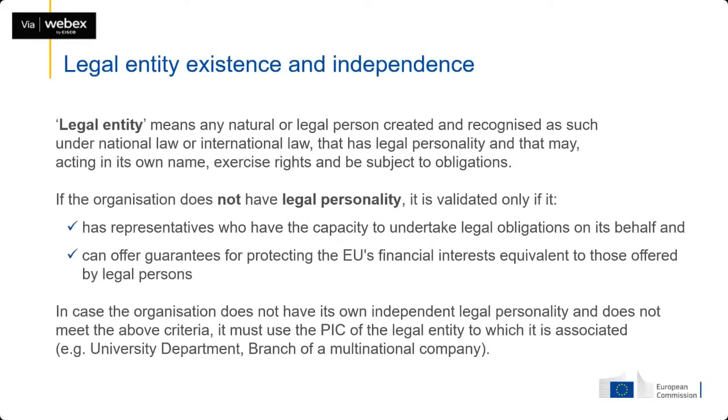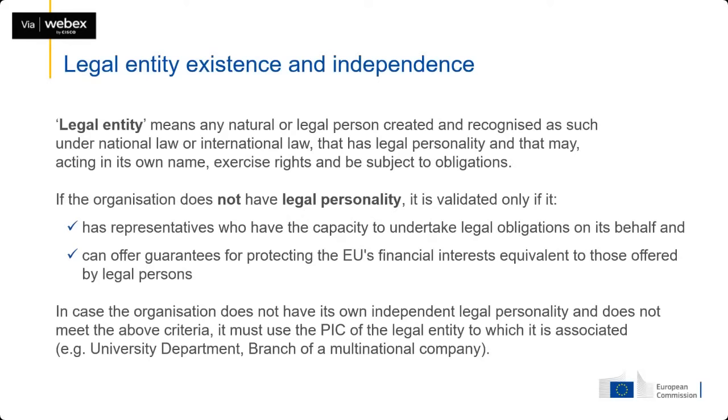The first one is that the entity needs to have representatives who have the capacity to undertake legal obligations on behalf of the entity. So this is similar to an entity that has legal personality. And the second one, that needs to be simultaneously met, is that the entity should be able to offer guarantees for protecting the EU financial interest equivalent to those offered by an entity with legal personality.